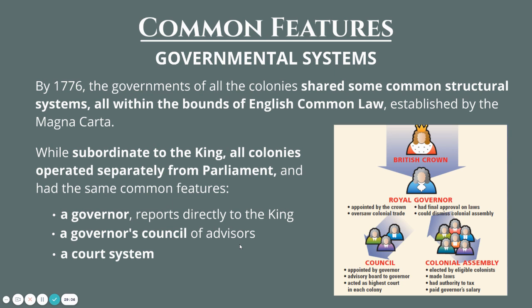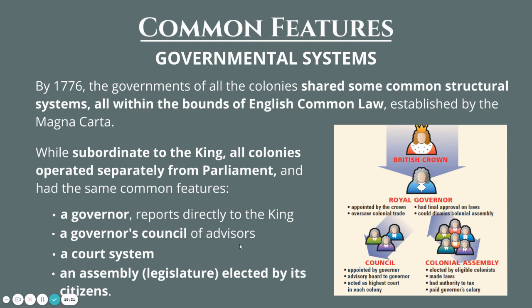But where we actually saw the aspects of democracy in their society was this: all of these colonial governments had an assembly, a legislature. I don't want to say Congress, but a version of their own little bit of parliament, which was elected by its citizens.